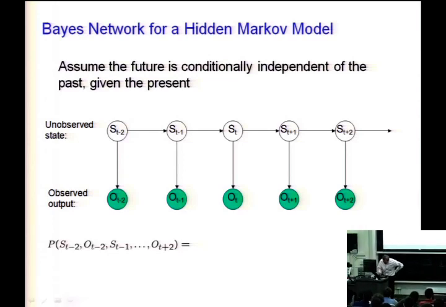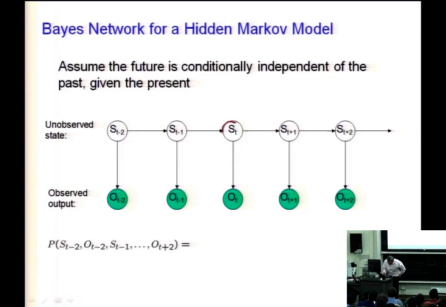So, for example, what about OT? OT, of course, by our rule, is conditionally independent of all its non-descendants given its immediate parents.